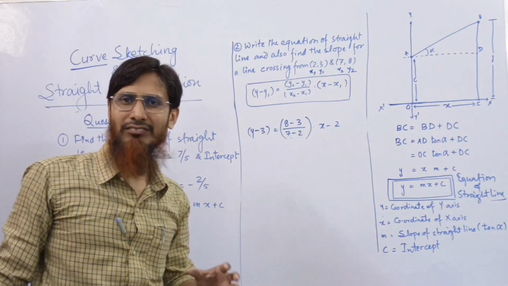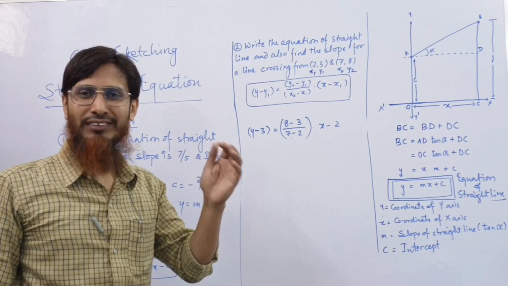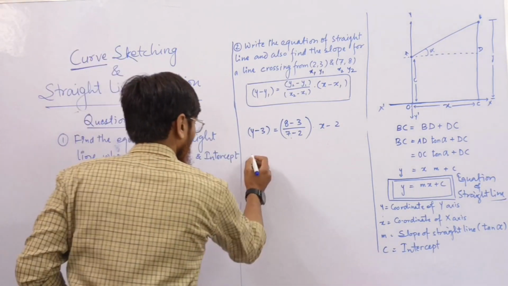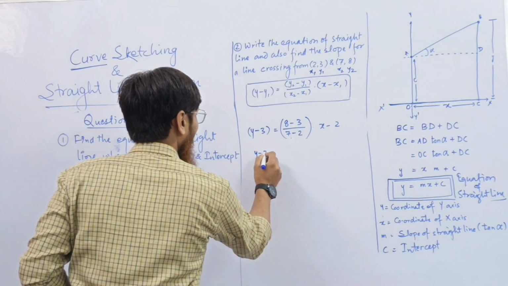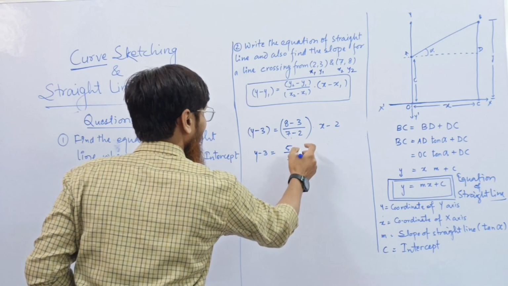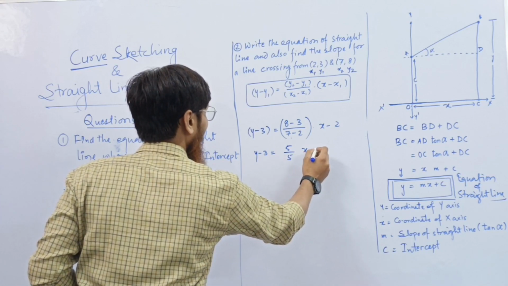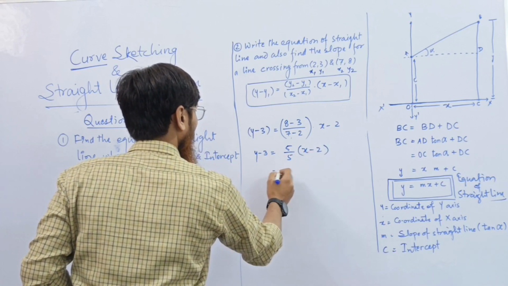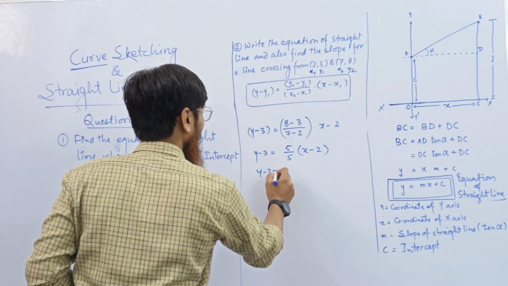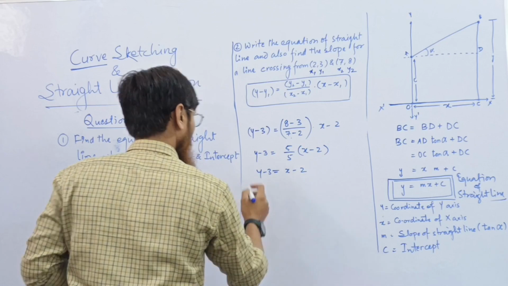So we just have to put the values of x1, y1, x2 and y2 onto this equation. Like y minus 3 equals to 5 by 5 into x minus 2. So this is y minus 3 equals to x minus 2.